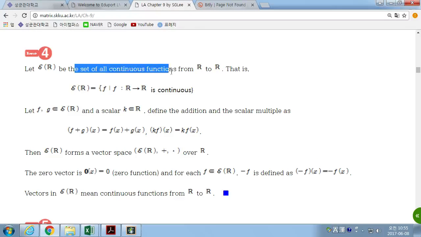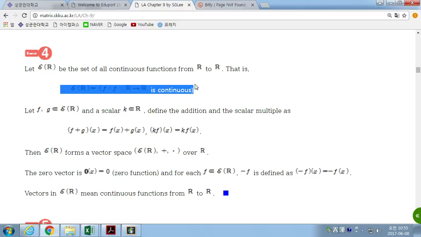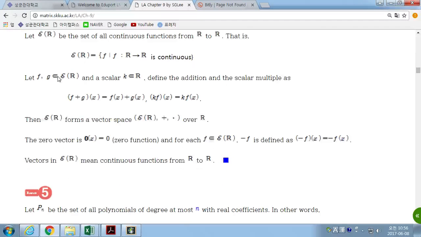Next, the set of all continuous functions from R to R. We call this C of R. Then take two vectors from C of R and any scalar. If we define the two operations like this, vector addition and scalar multiplication, then it satisfies all 10 properties. Addition of two continuous functions is a continuous function, closed.